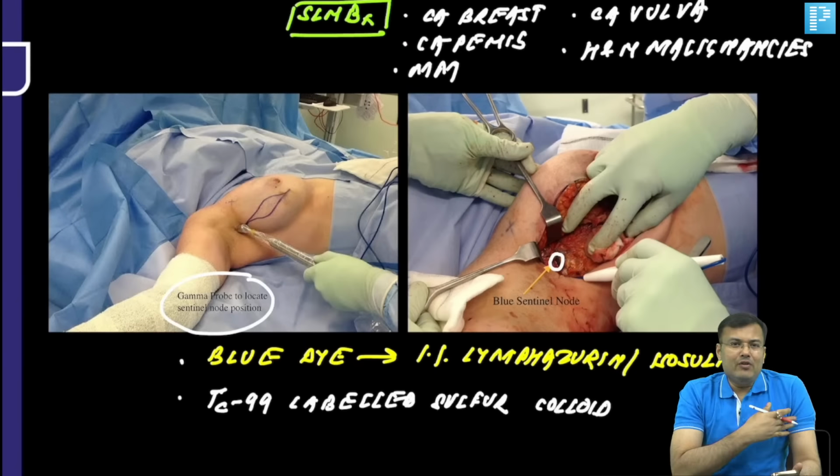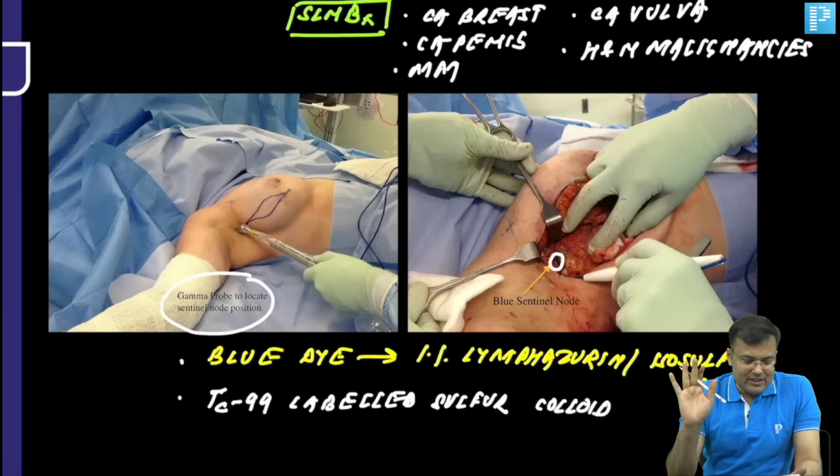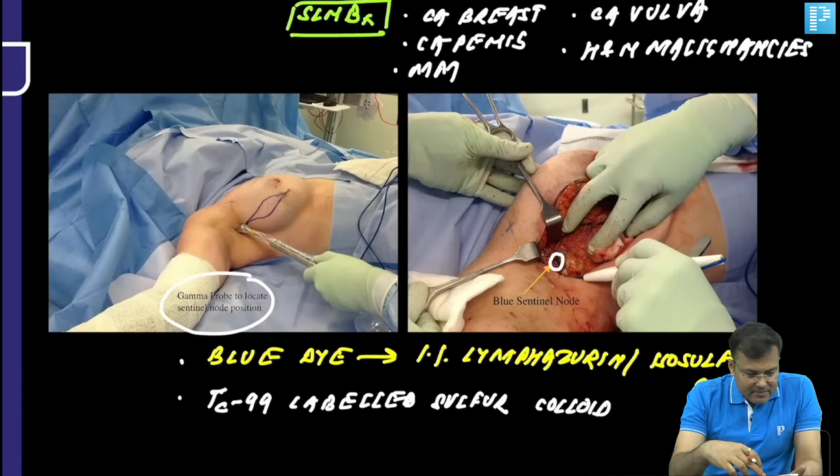Second question: what is the most commonly injured nerve during sentinel lymph node biopsy? Easiest question, guys. Minhazul Islam already replied. The most commonly injured nerve is the intercostobrachial nerve.